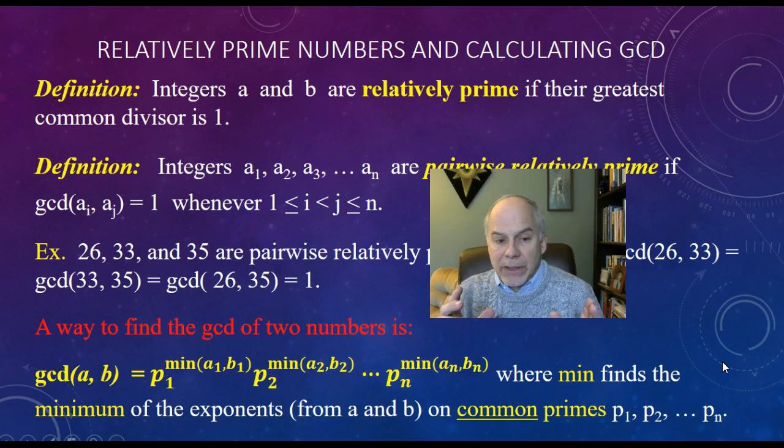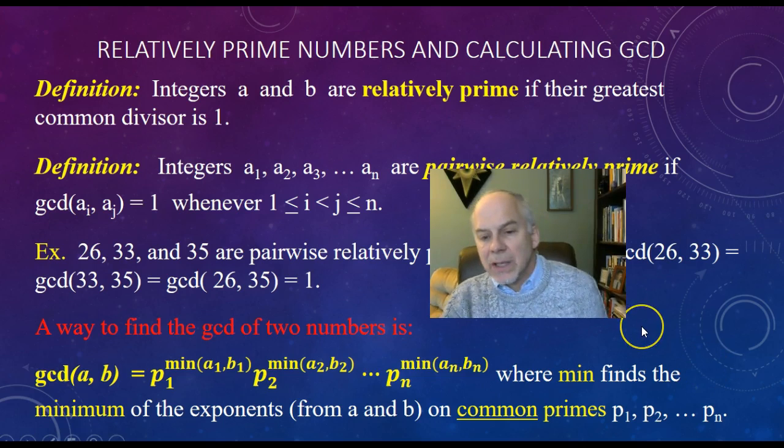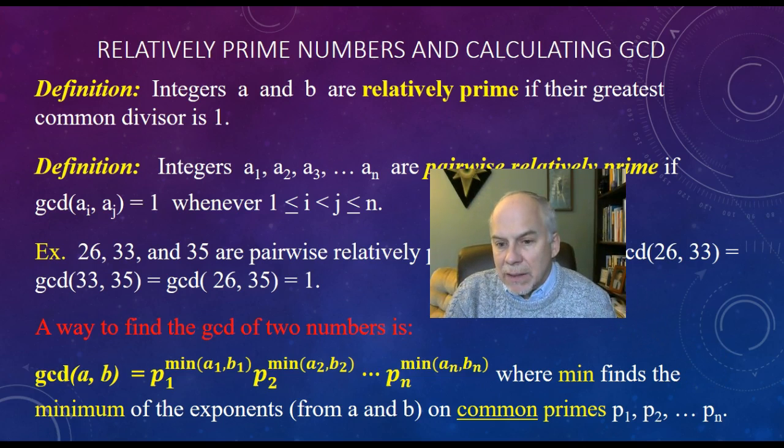So what we do is find the prime factorization of each of the two numbers A and B, and then you look for any common primes and you take the minimum of the exponents on those common primes. And you'll see what I mean when we look at an example.